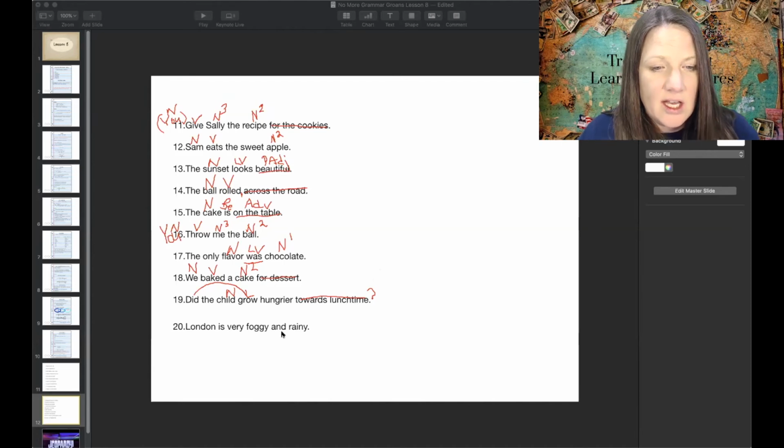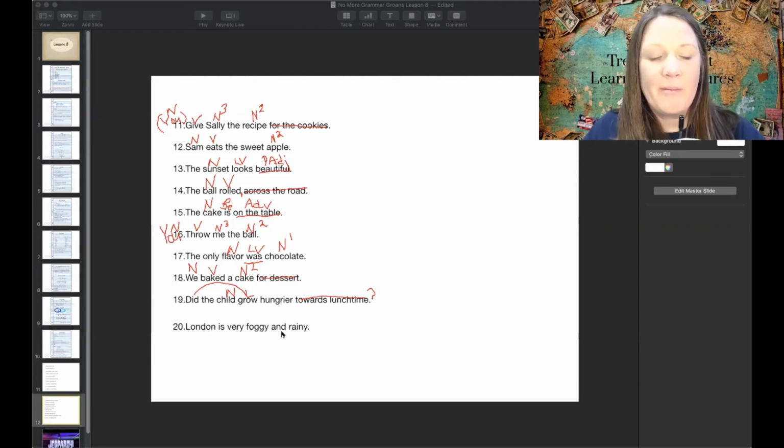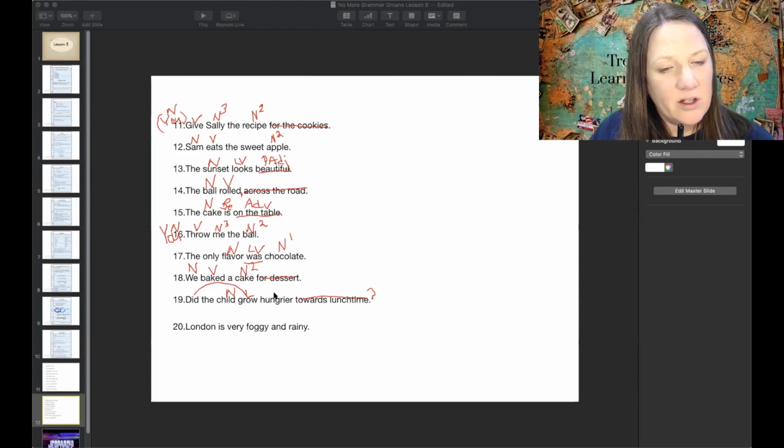That's not good. Did the child grow hungrier? We could wonder if this is a verb, except that it doesn't really make sense because did grow is not an action verb. Did grow would have to be a linking verb. So I'm going to say that hungrier is an adjective here. Child did grow hungrier. Hungrier is that adjective.